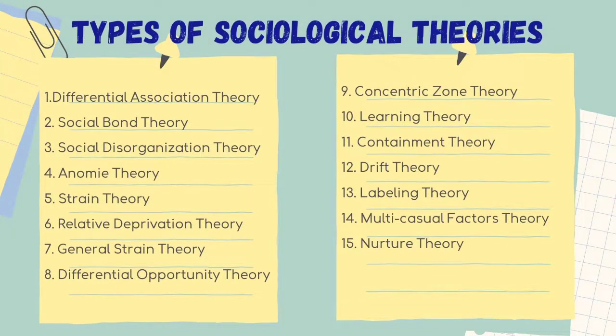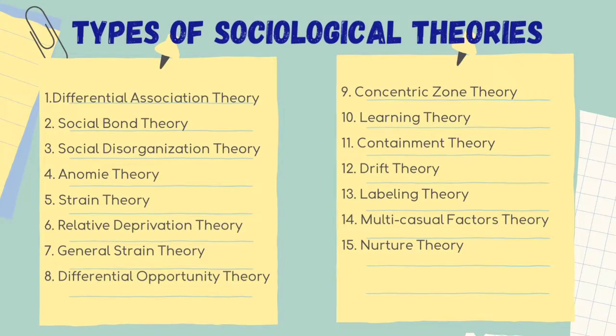The first one is differential association theory. Secondly, social bond theory, social disorganization theory, anomie theory, strain theory, relative deprivation theory, general strain theory, differential opportunity theory, eccentric zone theory, learning theory, containment theory, trip theory, labeling theory, multi-causal factors theory, and lastly, nurture theory.